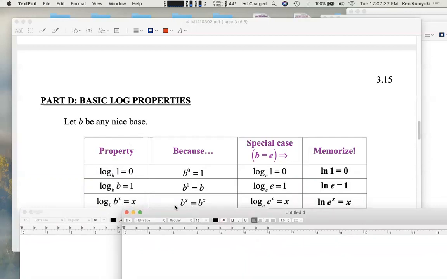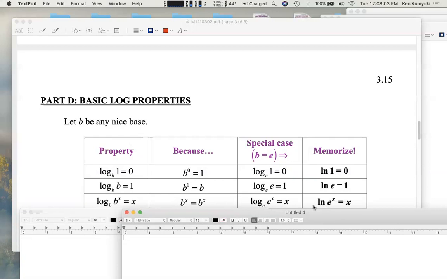Okay, so in the special case where the base is e, log base e of e to the x is x. Or, in other words, ln of e to the x is x. And this is an example of an inverse property where these two functions undo each other. They're inverses. So the x here becomes the x here. The composition of these guys is the identity.